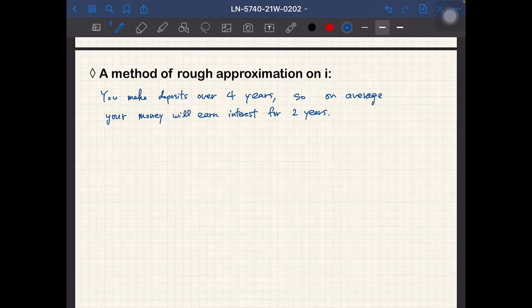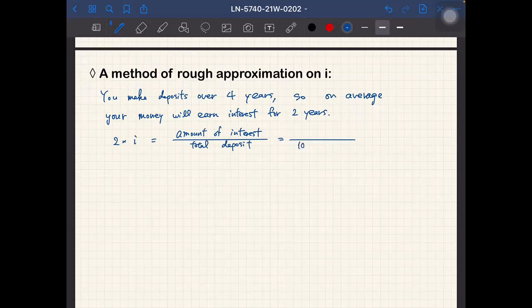So 2 times I, 2 years of interest, is the amount of interest over principal, the total deposit. The total deposit is $100 times 48.